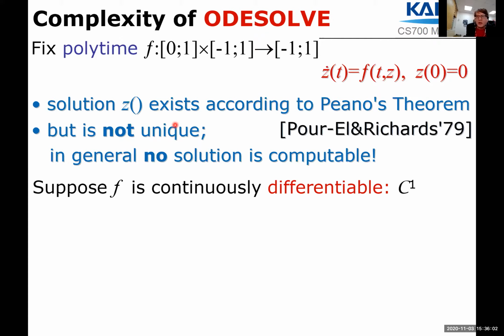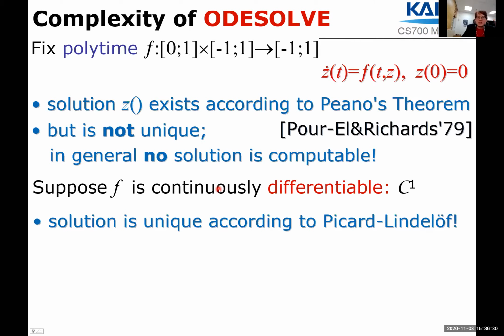And here we're going to consider both Lipschitz continuity and a strengthening of Lipschitz continuity, namely continuous differentiability, which you recall implies Lipschitz continuity. Right. So let's suppose the function is still polynomial time computable, but continuously differentiable.